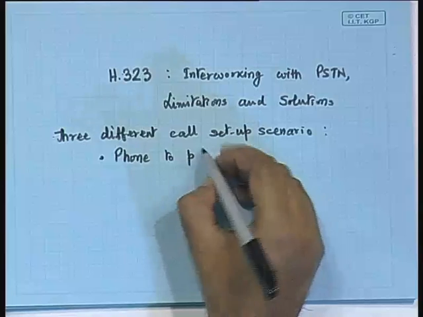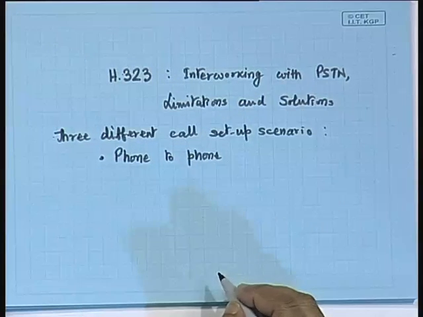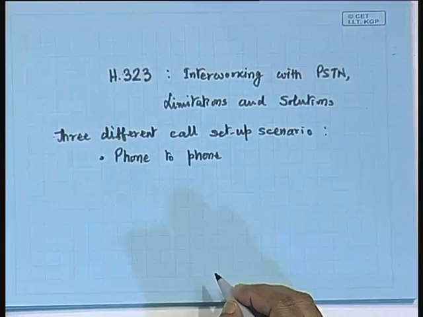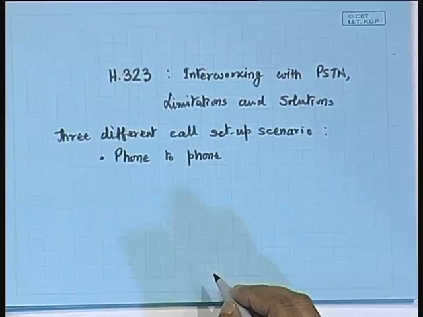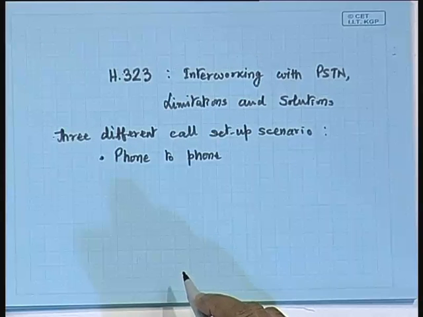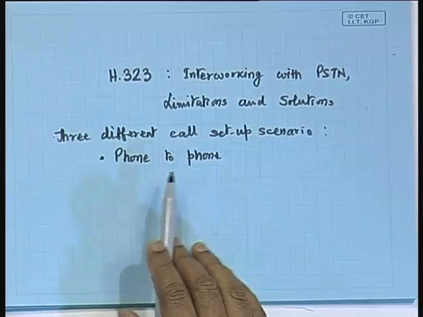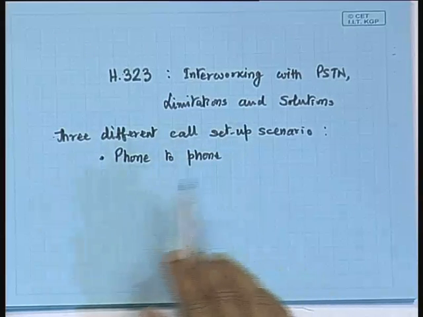And these are, one is the phone to phone call setup. By phone I mean to say PSTN phone. So, it is not something that goes directly through the circuit switched network, but from one phone to the other, it has to ultimately make use of the IP.